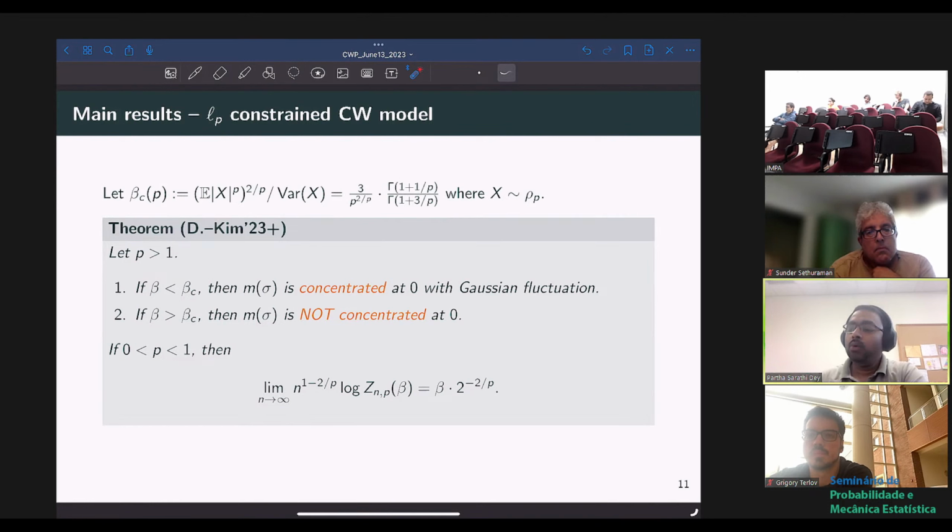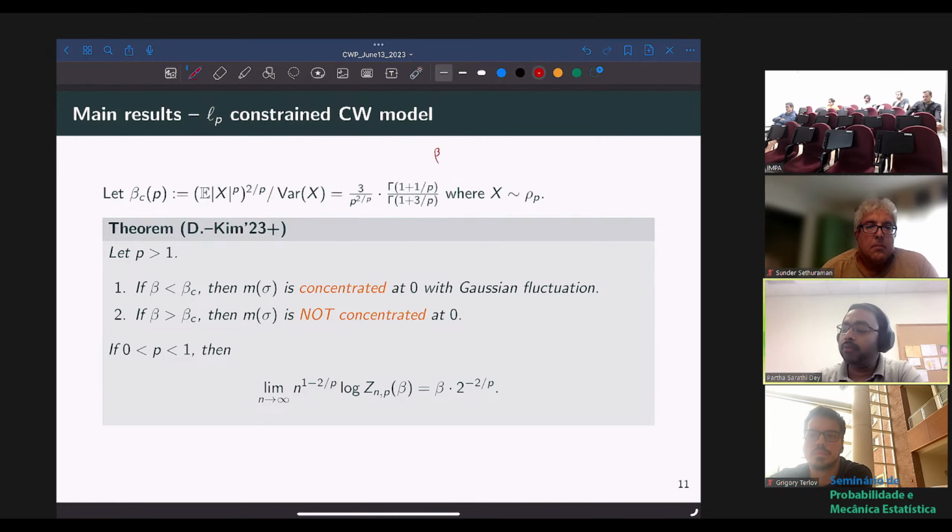Now, one thing to see is that if we take p equal to 2, we indeed get back beta c equal to 1. And if we take p equal to infinity, in the usual case, we also get back 1. But if p is going to infinity, this quantity actually converges to 3. So we have different behavior here.